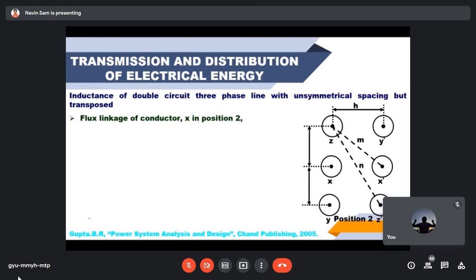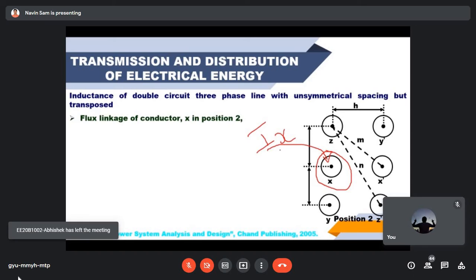Right. Now I will ask you people one by one. Can anybody say what is the flux linkage of conductor X due to its own current Ix? Can anybody say, roll number 13, Bhavya? Bhavya is there?